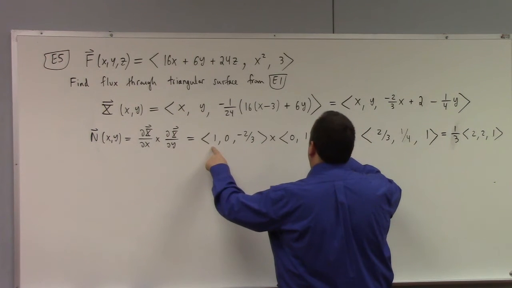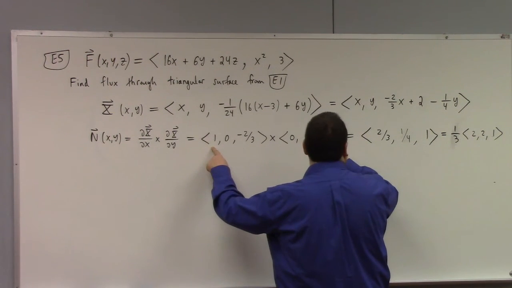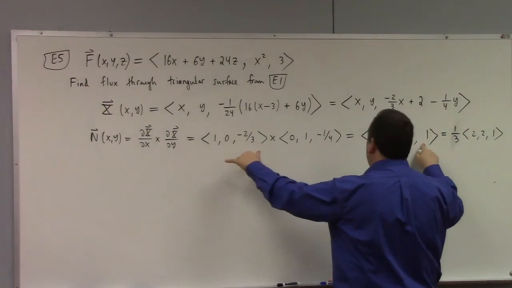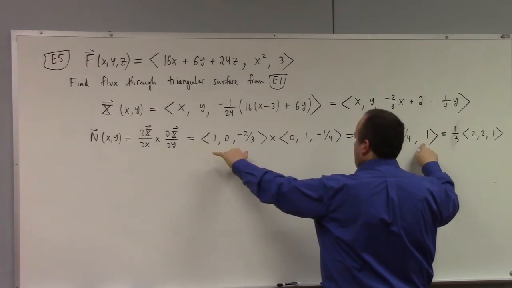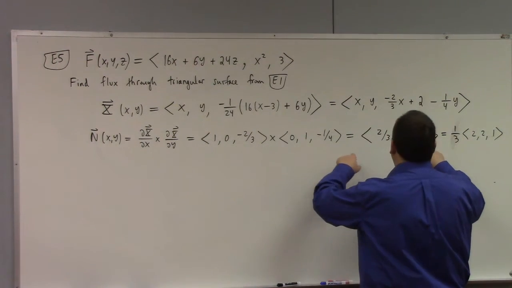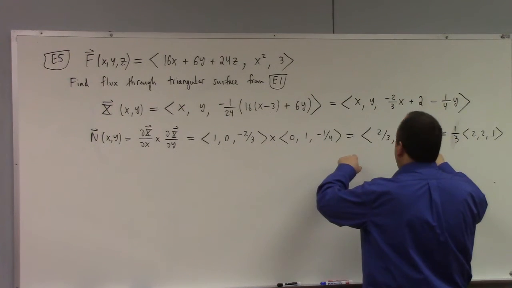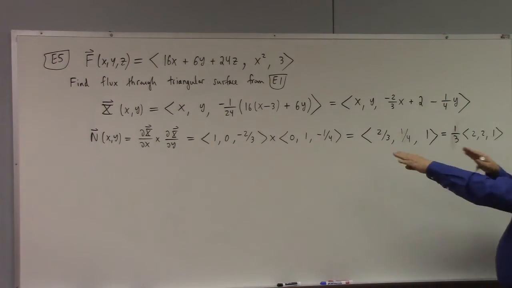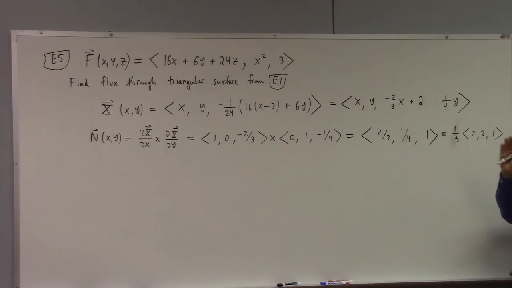Minus 1/4. Let's see here. X hat cross, yeah. 1/4. Oh, I should double check my dot product, right? So this dot that, plus 2/3 minus 2/3, good. And let's see here. This dot that, 1/4 minus 1/4, okay, now this is perpendicular to both, good, we're good.